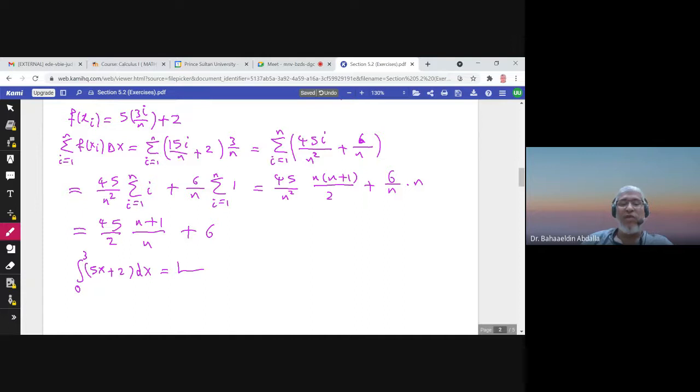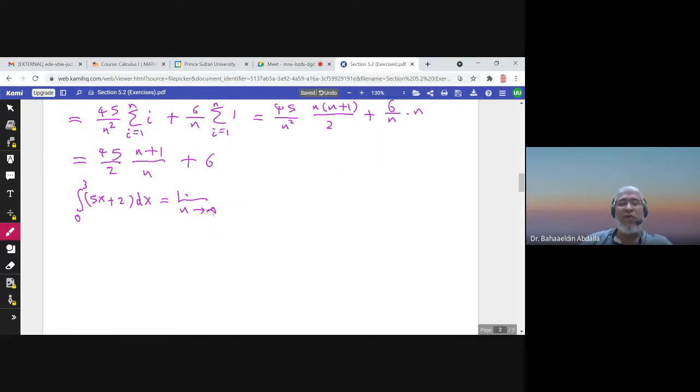By definition, it is the limit when n goes to infinity of the Riemann sum, which is 45 over 2 times (n plus 1) over n plus 6. Now the limit of this when n goes to infinity is 1, because n over n is 1, we take the highest power.